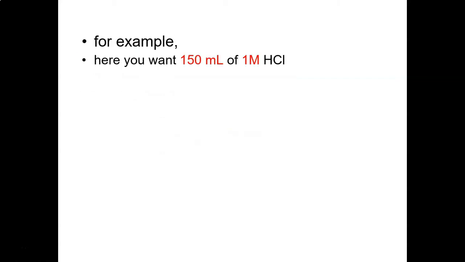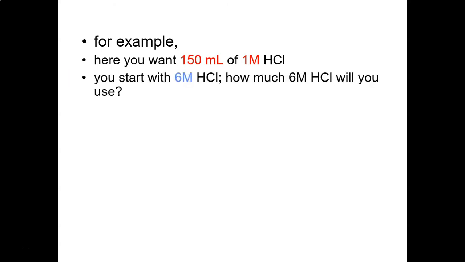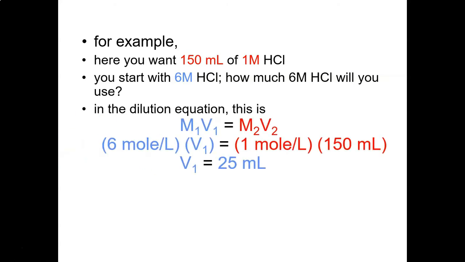Say we want to make 150 mL of 1 M HCl, and you are given a bottle labeled 6 M HCl. How do you prepare the less concentrated solution? First, we use the equation M1V1 equals M2V2. M1 is 6 M, or 6 moles per liter, the concentrated solution. V1 is what we need to calculate. M2 is the molarity after dilution, which is 1 M, and V2 is the total volume we want to make, which is 150 mL.